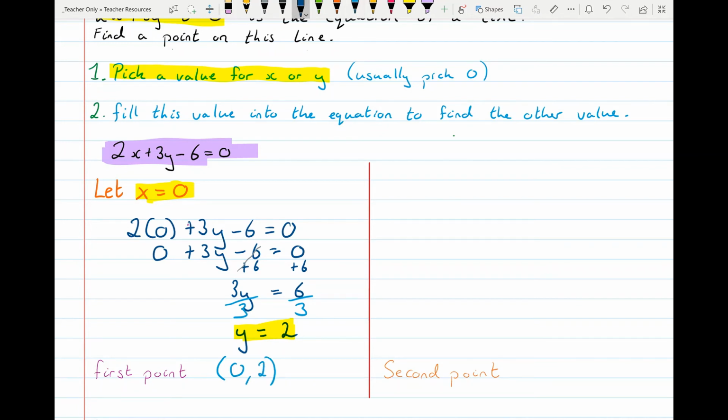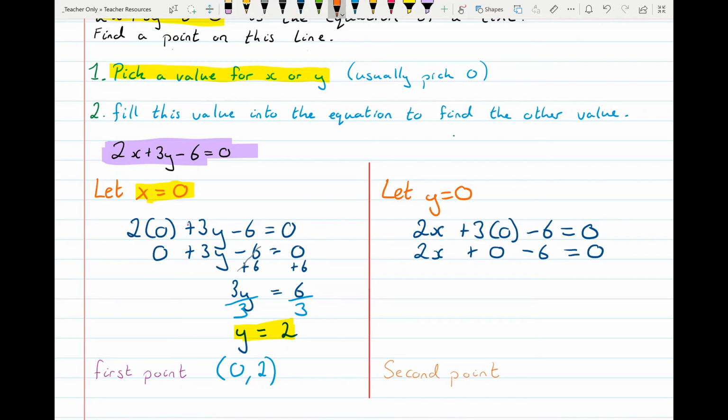And now let's quickly do the same thing, but now we're going to let y equal 0. And we're going to fill in 0 for y. So it becomes 2x plus 3 times 0 this time, minus 6 equals 0. 2x plus 0 minus 6 equals 0. You can see how subbing in 0 simplifies the calculation.